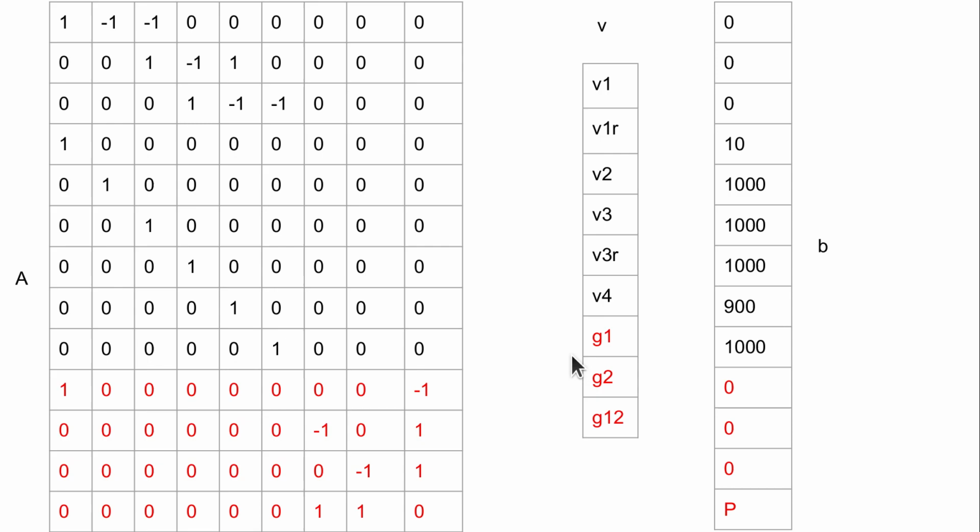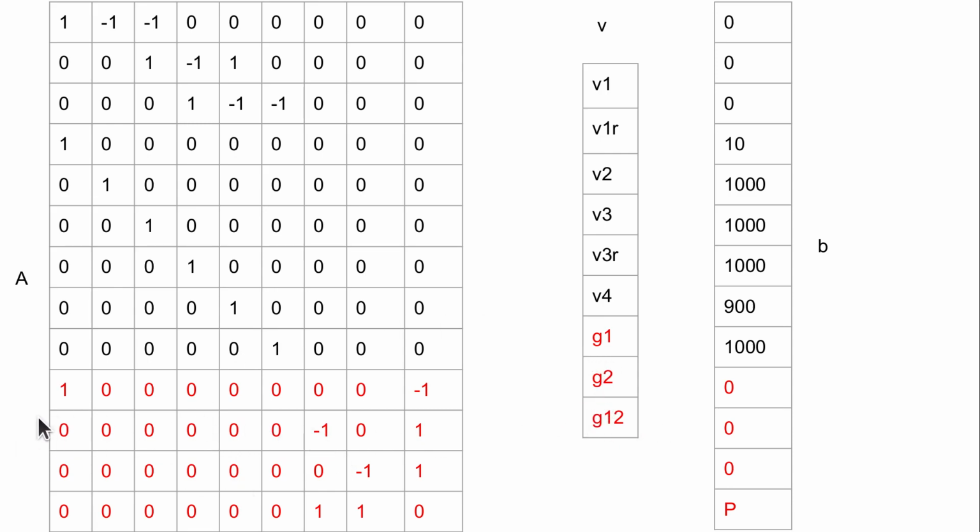And what we'll say is that the flux through V1 has to be less than the concentration of G12, which we do by adding this line here, V1 minus G12 less than 0. Similarly, we say that G12 has to be less than both the concentration of G1 and the concentration of G2. And those are two individual constraints.